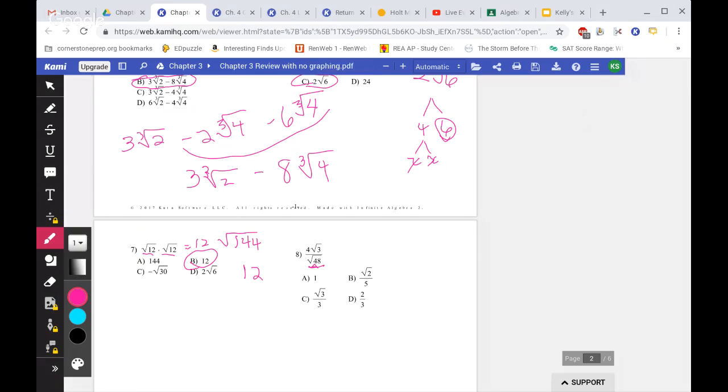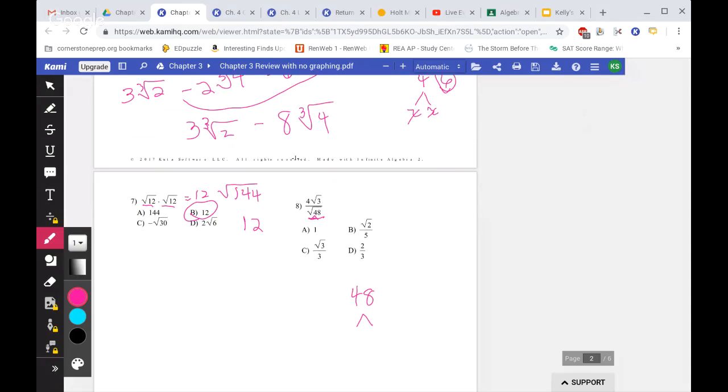So I would go ahead and do my factoring first on this one. So we're looking for perfect squares. So we've got 16 and 3, right?